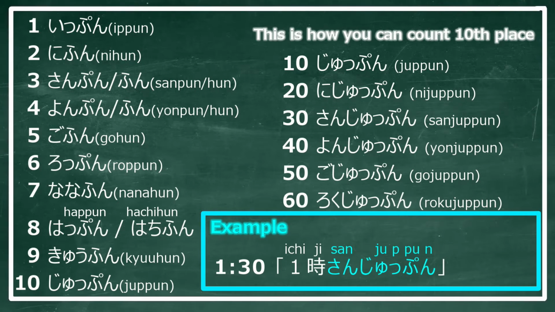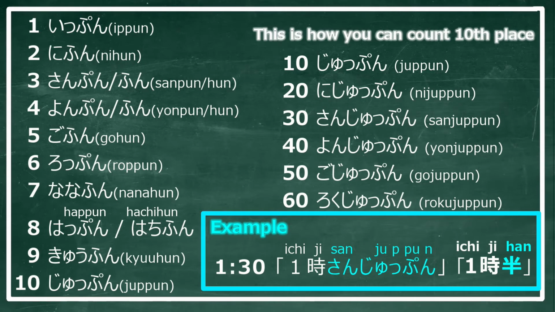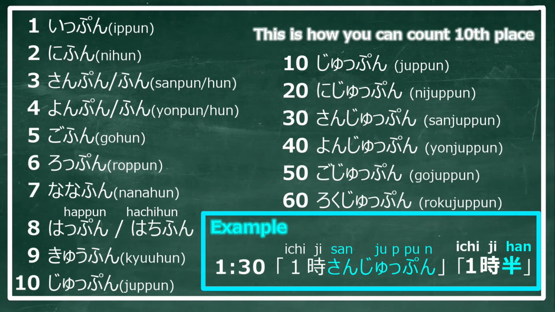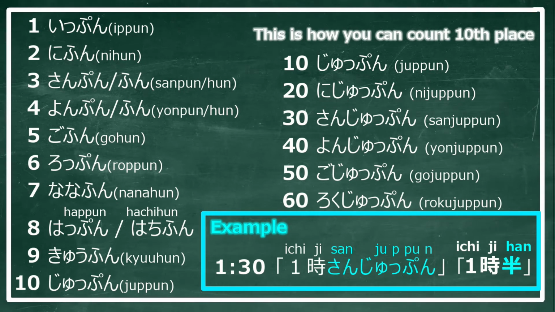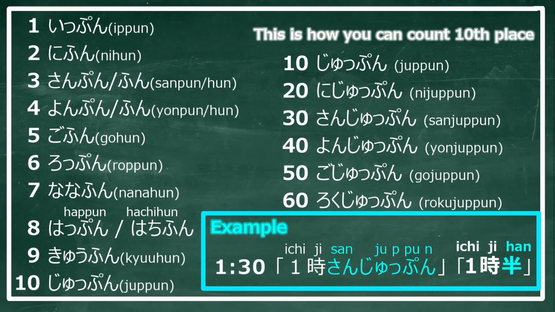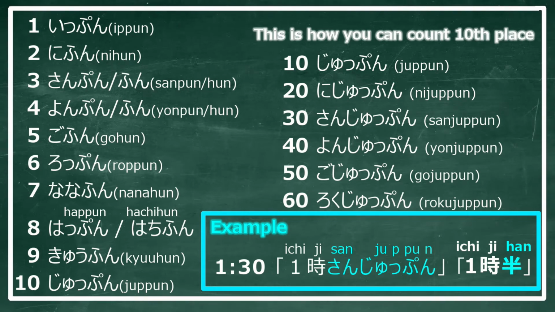However, we usually say 1時半. This literally means 1.5. Let's just get used to it. I know you can do it.